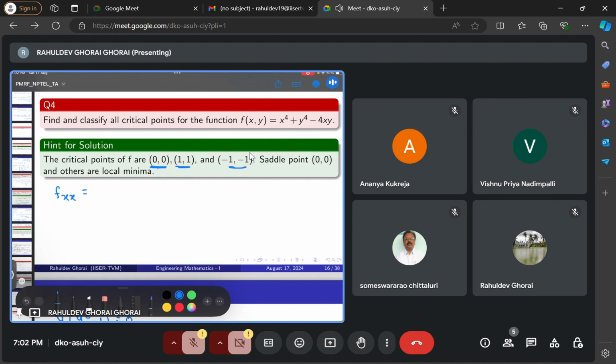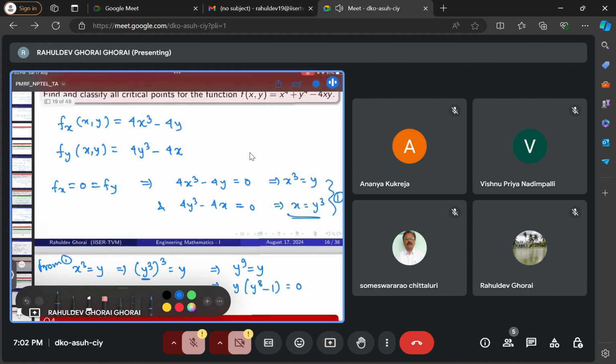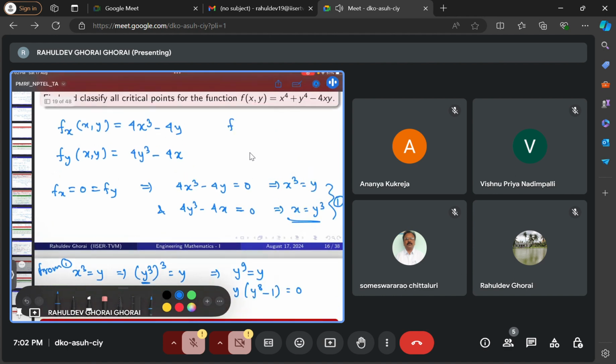So what is fx? First of all, fx is given to you. I think we have found it out. Yeah, this is fx. So fxx will be 12x square, right? fxy will be minus 4. fyy will be 12y square, because all this we need to know. Okay.